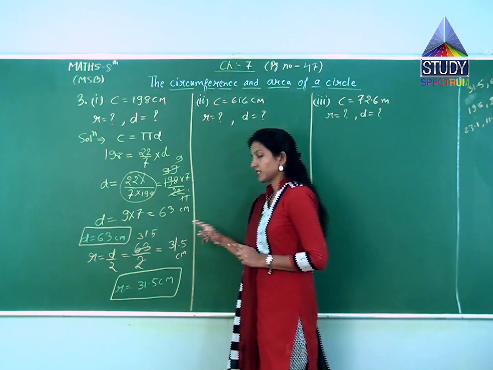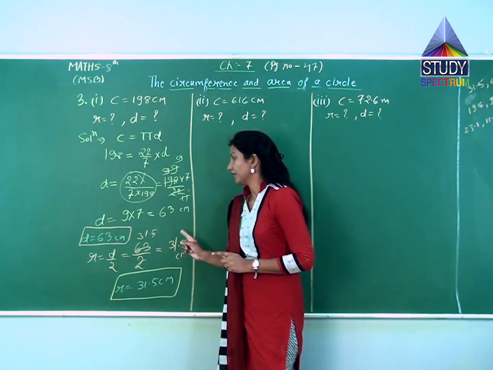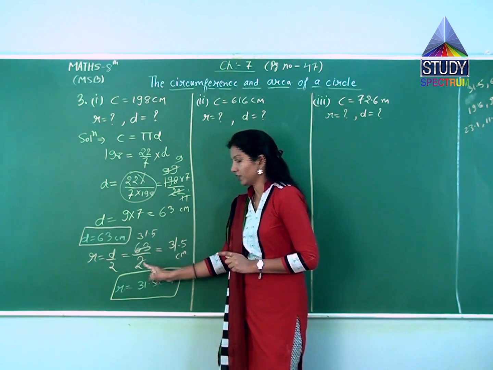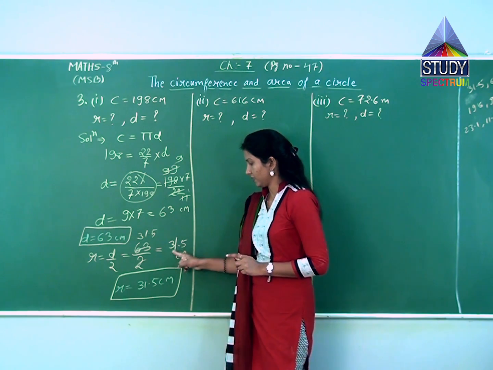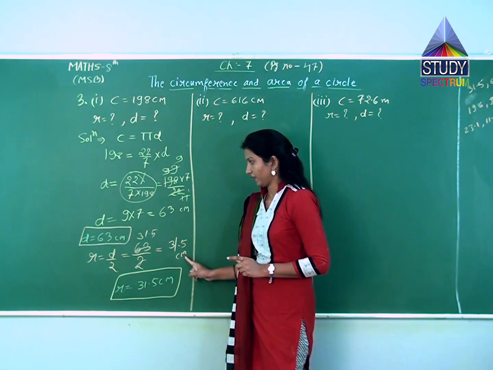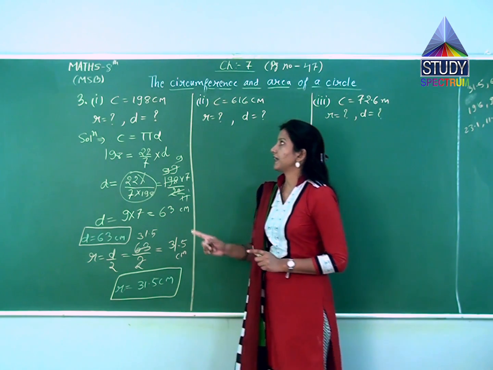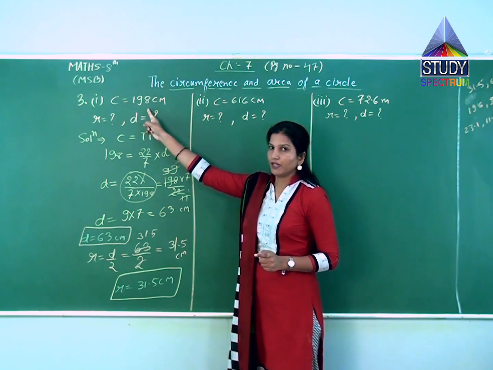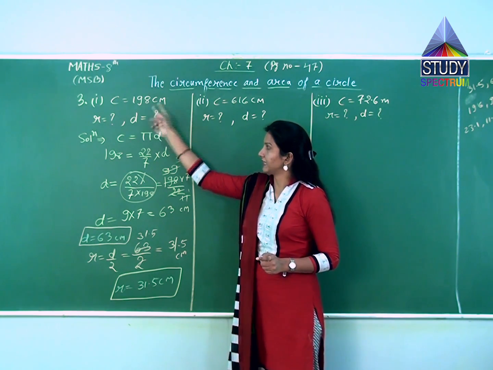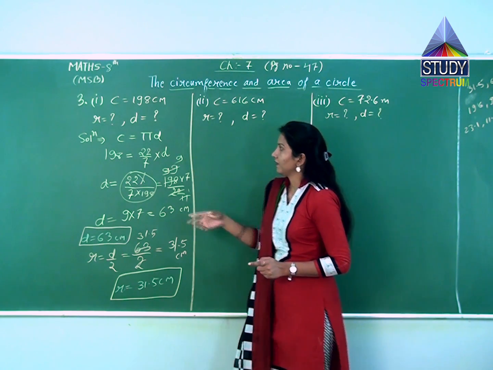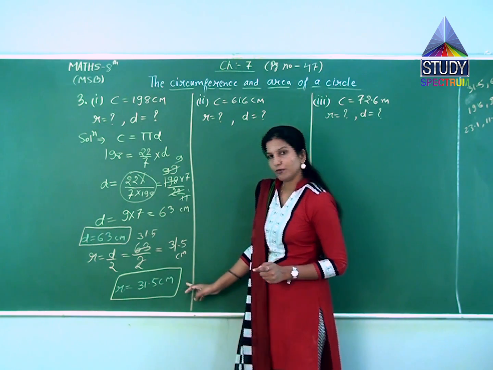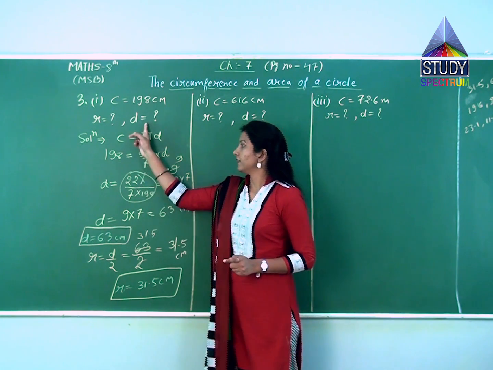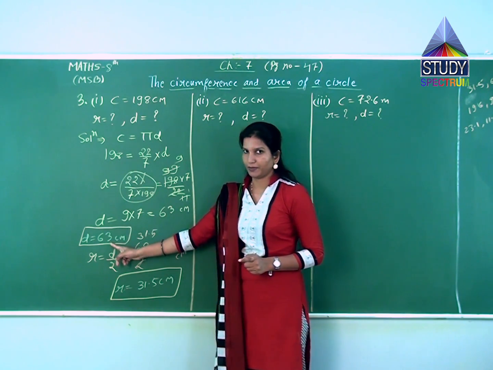But the radius is always half of the diameter. That's why the radius will be 63 by 2 and the answer for the radius is 31.5 centimeters. So the circle having a circumference of 198 centimeters will have a radius of 31.5 centimeters and a diameter of 63 centimeters.